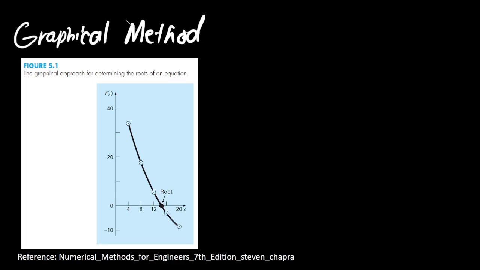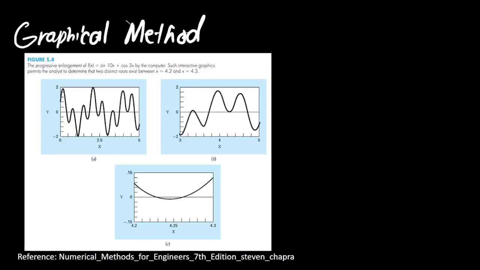Of course there are great errors based on how your eyes read the graph, or based on how you plot it. But you could say that your estimate is around 14, and if you don't really need a very accurate one, then that could be a good estimation of the value of the root of the equation.